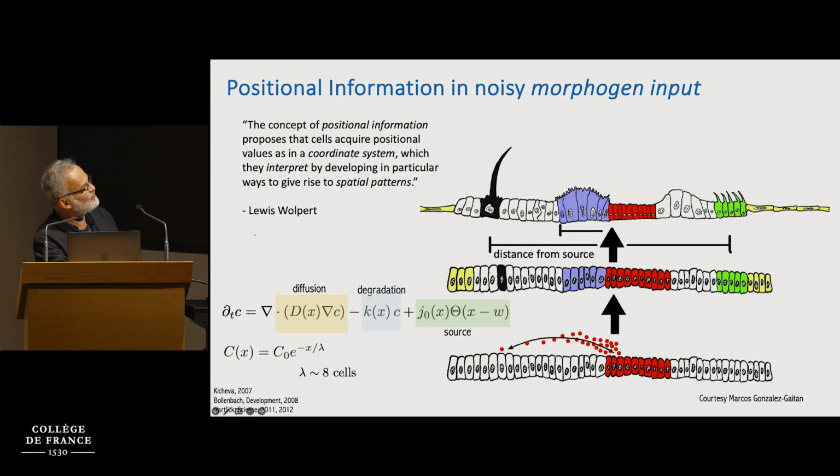Typical equations that describe the profile involve diffusion and degradation, giving rise to an exponential decay, as shown here. And since both the diffusion and degradation and the production are noisy, the eventual profile of the morphogen that is received by the rest of the tissue is also going to be noisy. Okay? And the idea is how do you read that noisy information and get such precise developmental outcomes?